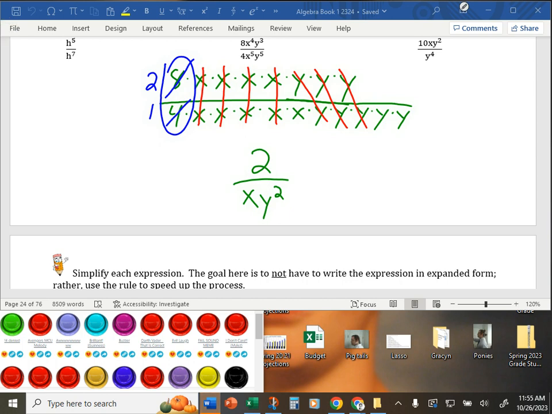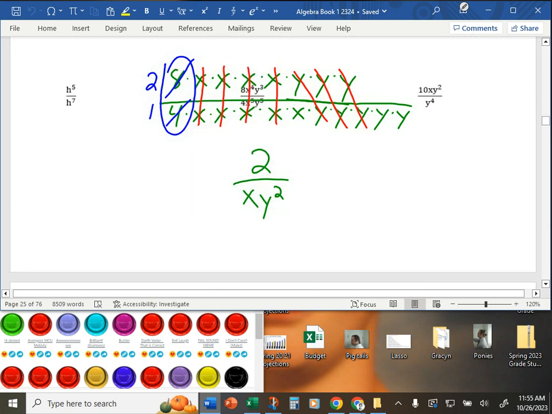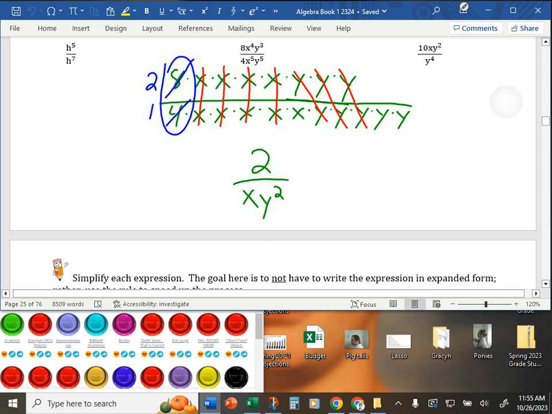Okay, the rest of this front page, don't do the back. I don't expect you to start writing this in expanded form, n to the 100th. No, okay? Only finish this front page here.